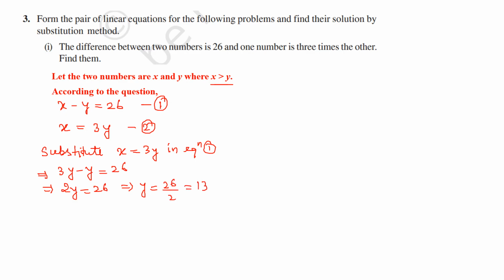Once I get the value of y as 13, let's put it in x equal to 3y. So 3 into 13 will give me 39. So from here I have got my two numbers, 39 and 13. So hope it is clear, though it is given in the form of a word problem, actually it is a very simple question. Okay. Now I'll move to the second question.